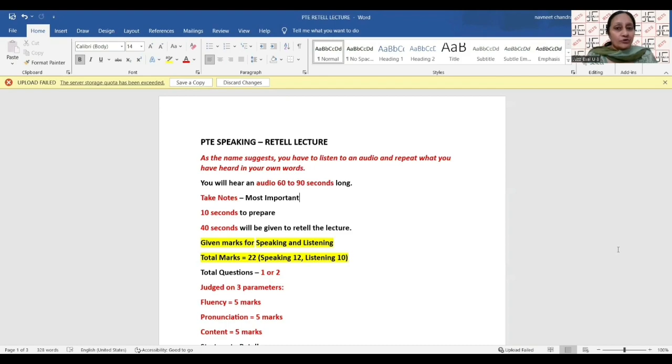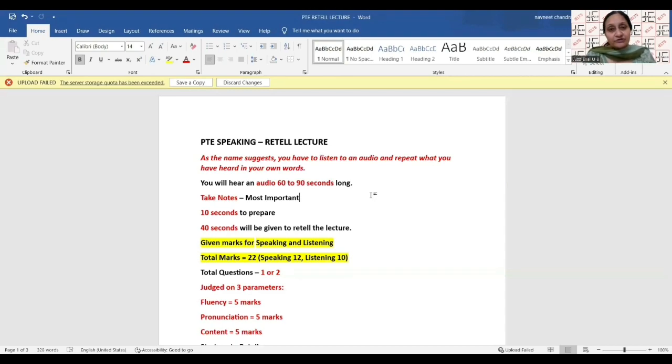You will hear an audio which will be about 60 to 90 seconds long, as mentioned here, and you need to take down notes side by side, especially what the lecture is about. Then you must write down the main points, whether names are being mentioned, or some important dates, or some important events.